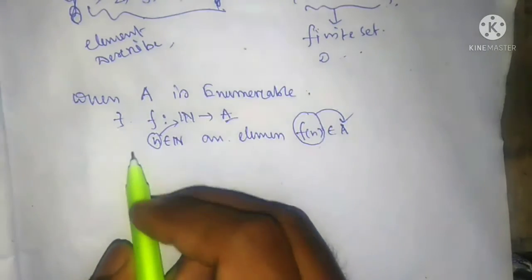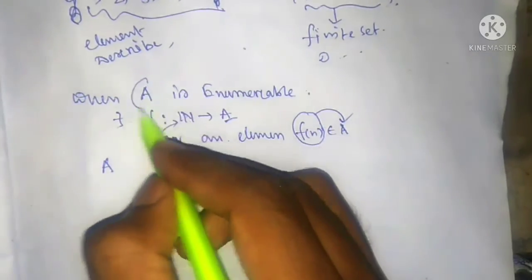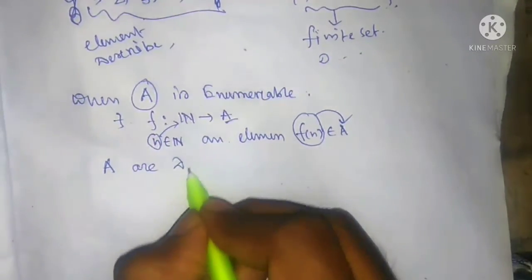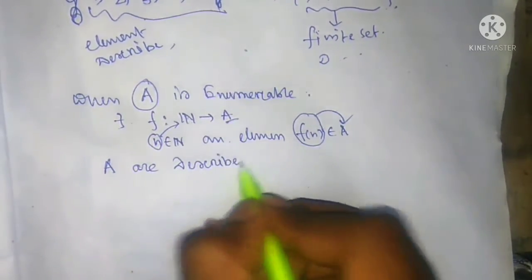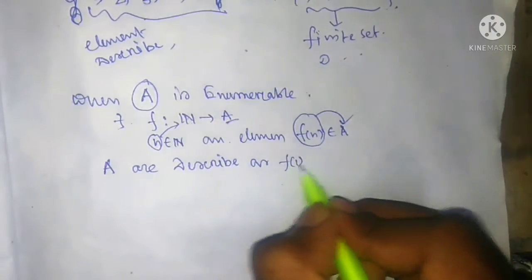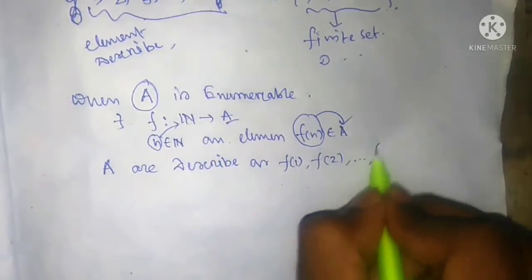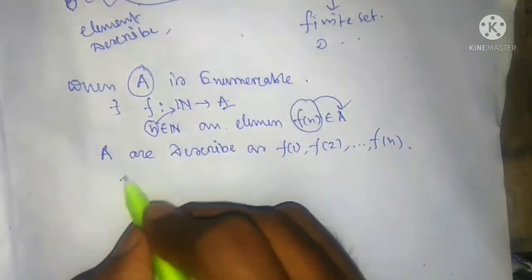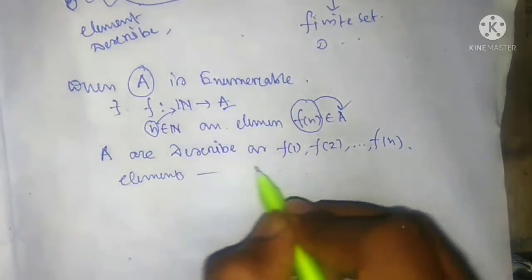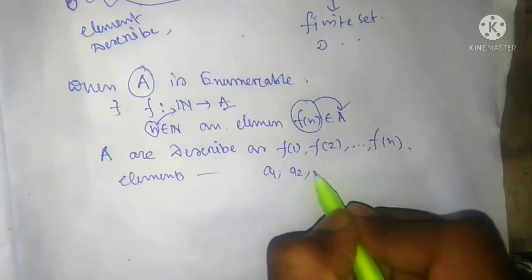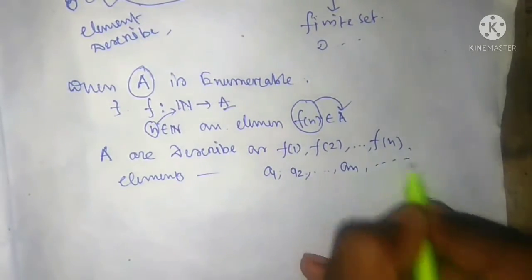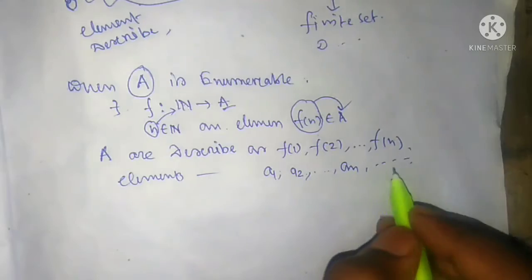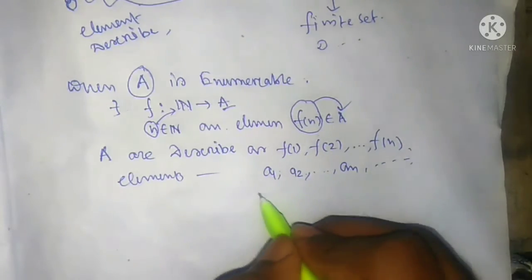Thus the elements of A are described as f of 1, f of 2, f of n, and so on. And the elements are described as a1, a2, an, indexed by the set of natural numbers.